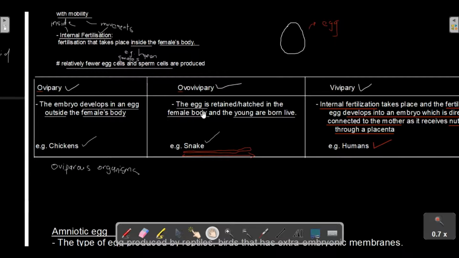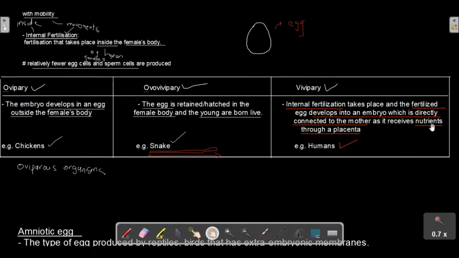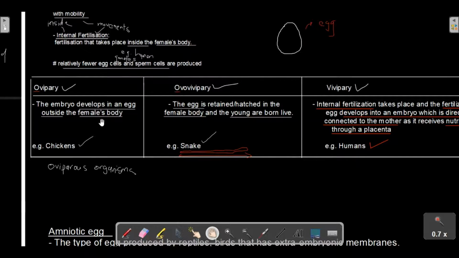So it's very important that you differentiate between these three. These two that start with an O have their embryos growing inside of an egg. The viviparous organisms have embryos directly connected to the mother, not growing inside of an egg. They receive nutrients through a placenta, while these receive their nutrients from the egg itself.